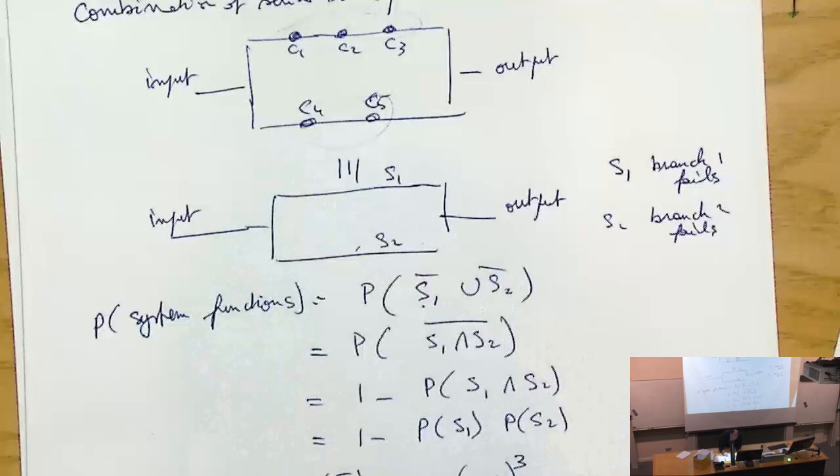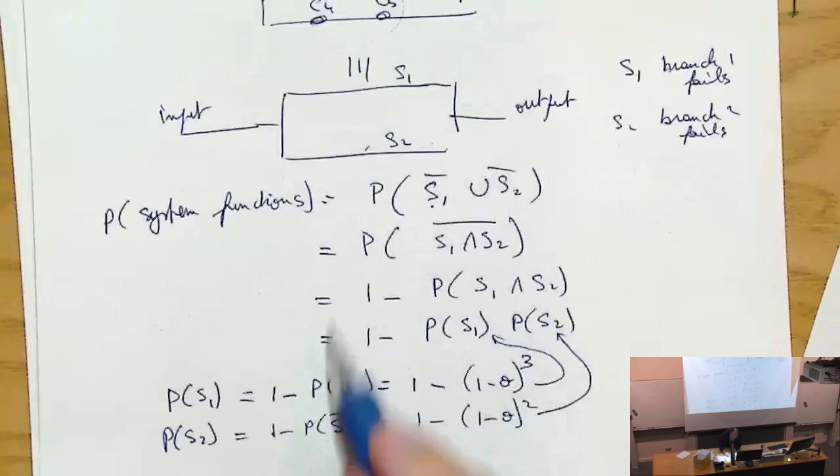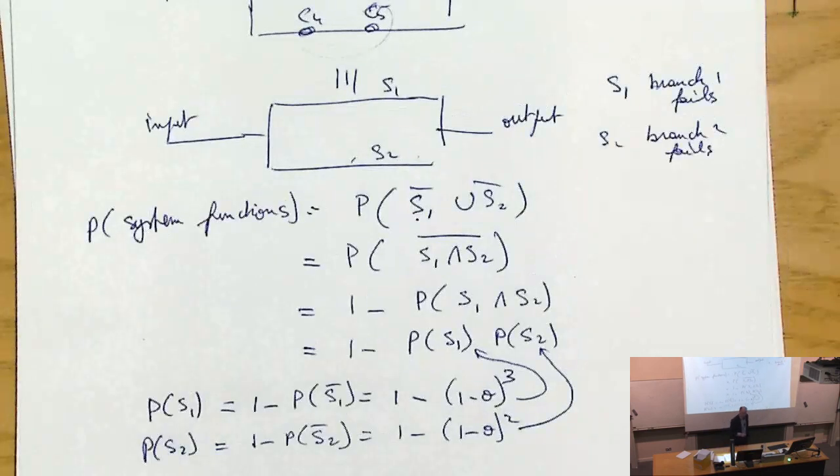So if you take those 2 values and plug them in, then you get the probability that the system functions when you have a combination of series and parallel. Okay? So you will play with this in the classes as well with Bernie. This is called reliability, but essentially it's a direct application of what we have done earlier on in the course.